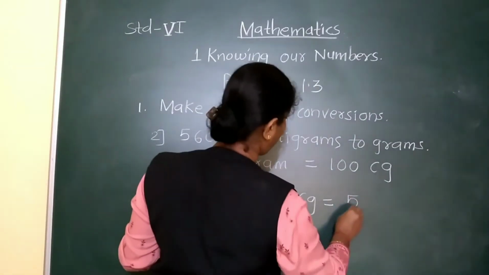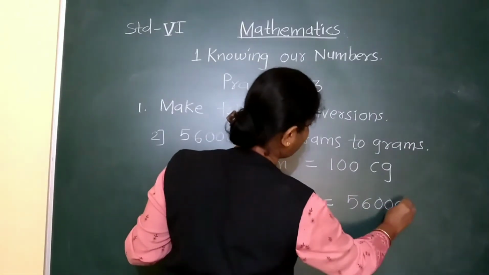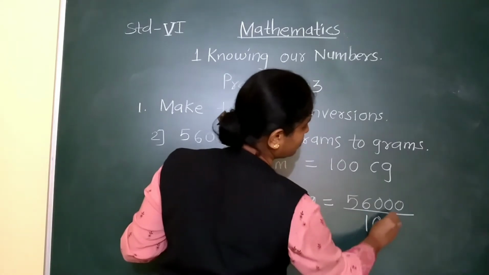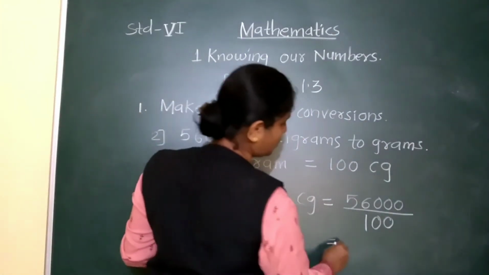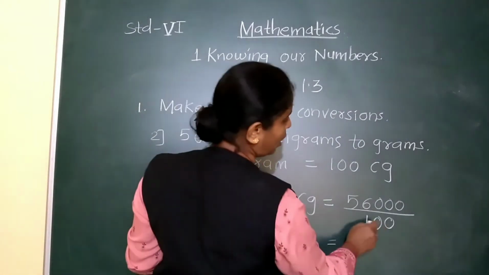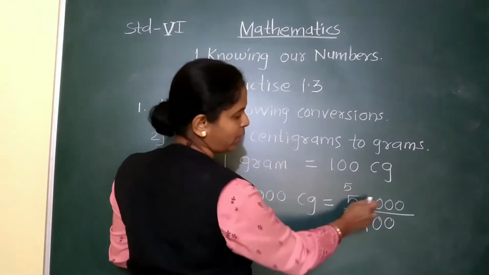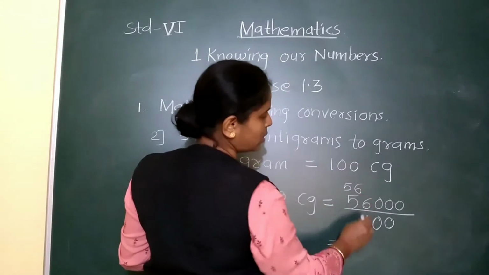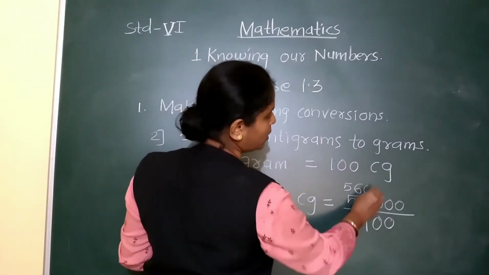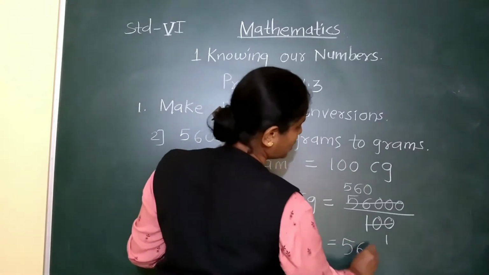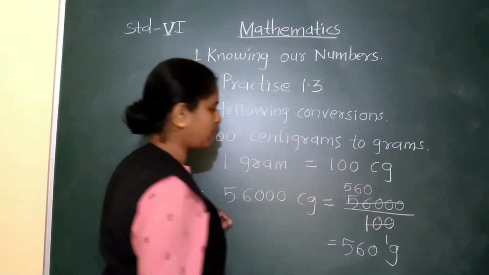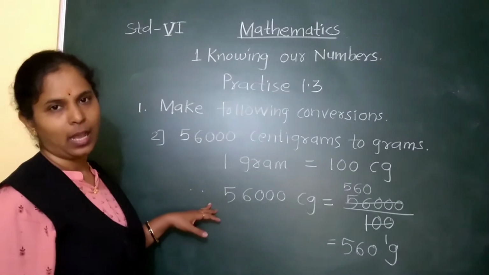We have to divide 56,000 by 100. That is, 100 5s are 500, 100 6s are 600 and 1 0. So we will get 560 grams. Okay, this is the answer.